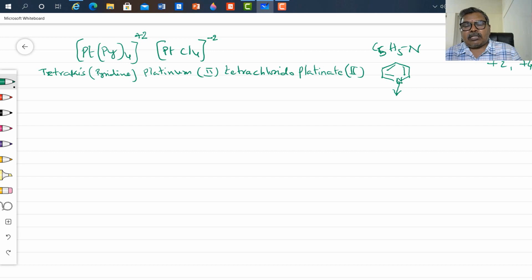Suppose they ask on valence bond theory, hybridization, magnetic properties, whatever it may be, only if you are familiar with IUPAC names of coordination compounds can you attempt the question on valence bond theory, crystal field theory, Werner's coordination theory, or isomerism. So therefore, it is the most important part of coordination chemistry.